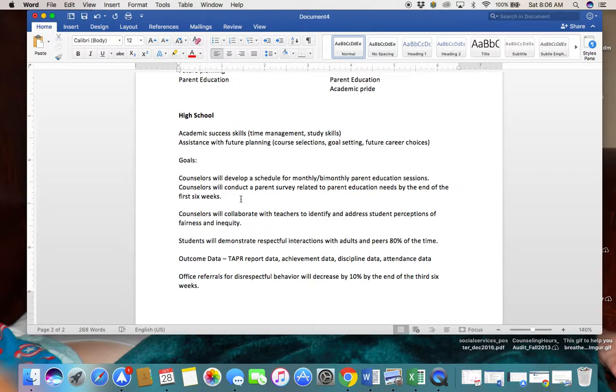Then we will use those goals later to continue to build your program. As we move through, we'll start building the program and activities based upon the goals that you set.